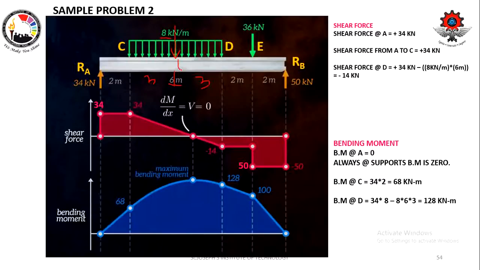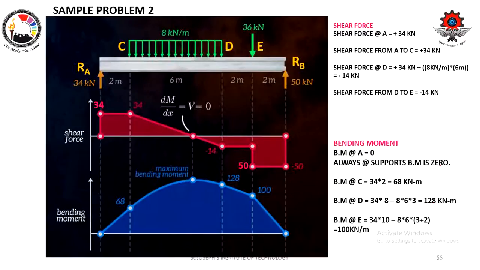This will make an anti-clockwise rotation. So we get a value of 128 kilonewton meter if you solve 34 into 8 minus 8 into 6 into 3, right?